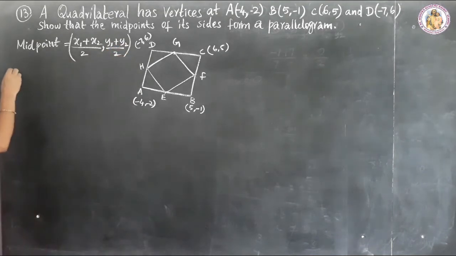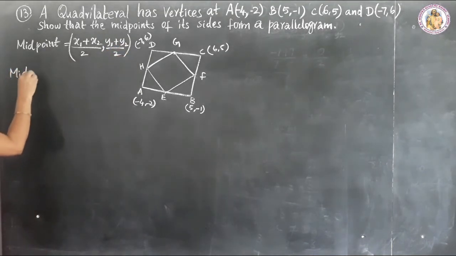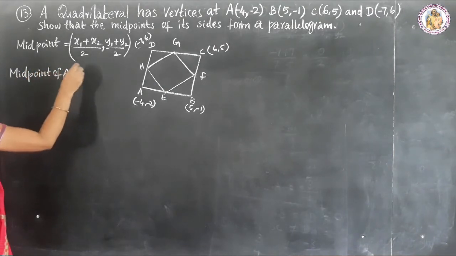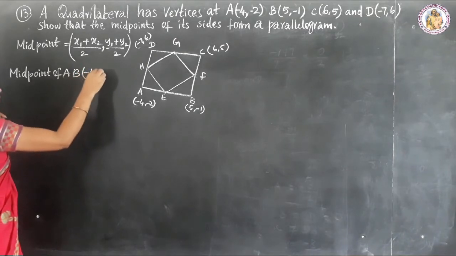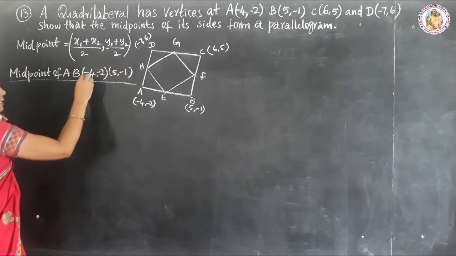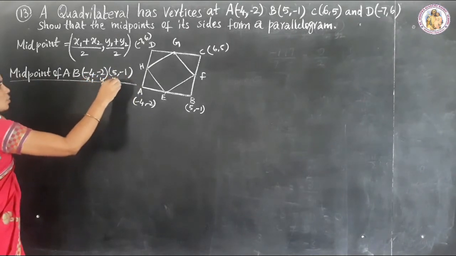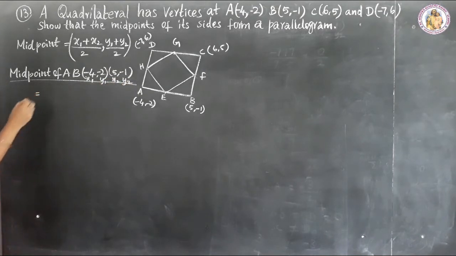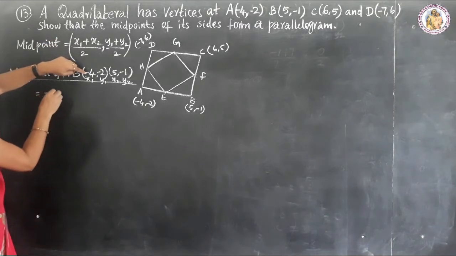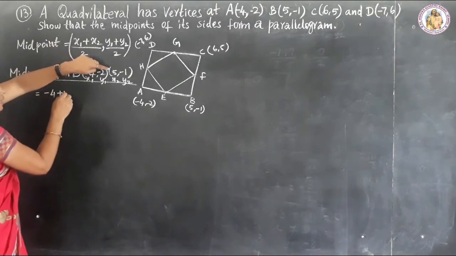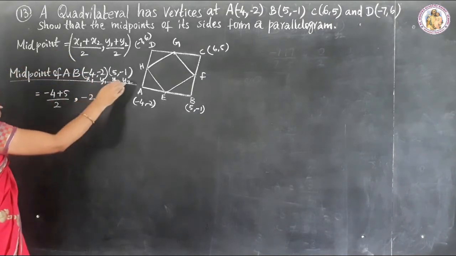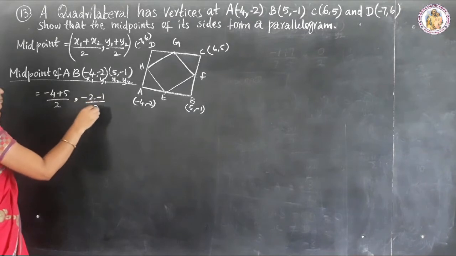Now let us find the midpoint of AB. The points are minus 4 comma minus 2 and 5 comma minus 1, taken as x1 y1 x2 y2. So x1 plus x2 by 2: x1 is minus 4 and x2 is plus 5, divided by 2, comma y1 is minus 2 and y2 is minus 1, by 2.